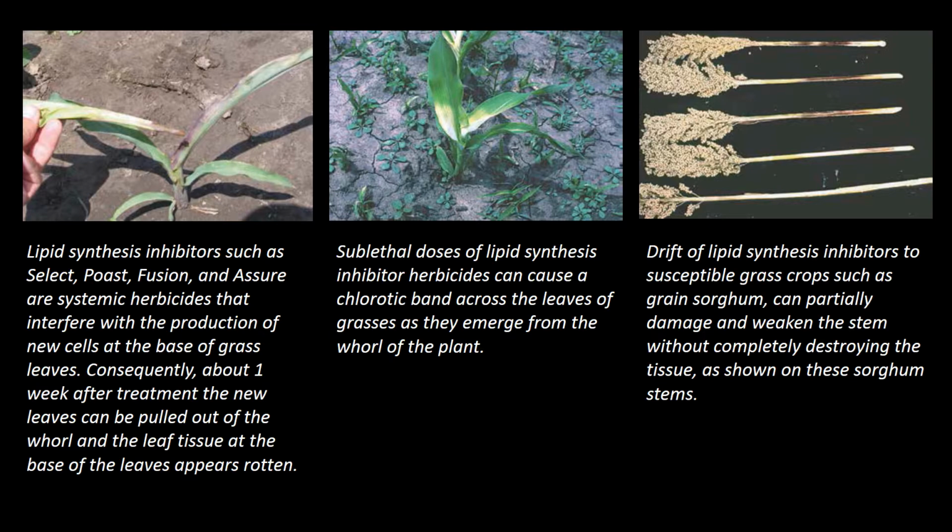Drift of sublethal rates of lipid synthesis inhibitors to susceptible grasses can cause a chlorotic band across the leaves in the whorl, damage the stems, or kill the main shoot, depending on the dosage and stage of growth of the plants. Take some time and look at these descriptions of the plant injury caused by lipid synthesis inhibitors.